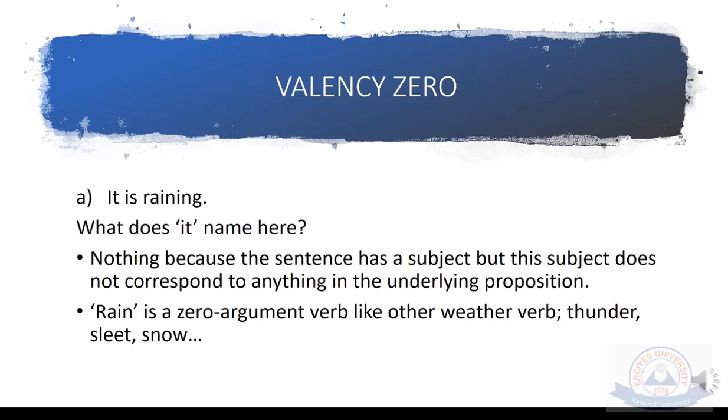It is just used because the sentence has a subject, but this subject does not correspond to anything in the underlying proposition. We cannot say what is raining. The cloud is raining? No, it is nonsense. It is just used because of the grammatical need. So rain is a zero argument verb like other weather verbs, like thunder, sleet, snow, breeze.